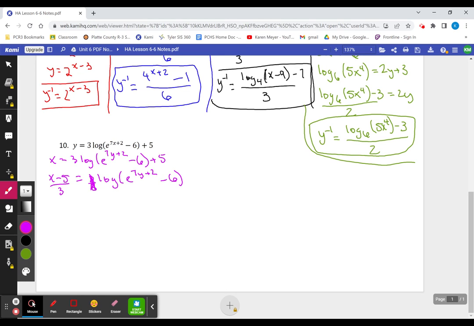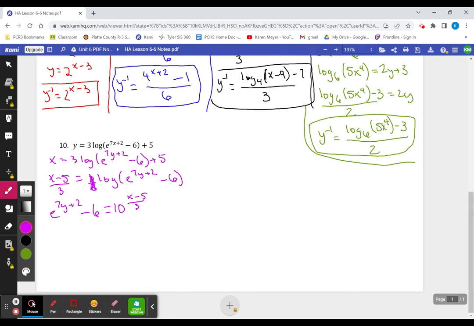Okay, so exponential form, y is the whole part after the log, in the parentheses. So e raised to the 7y plus 2 minus 6 equals base, and the base for log, if it's not listed, is 10, raised to the x, which is (x minus 5) over 3. Now, from here, I'm trying to solve for y.